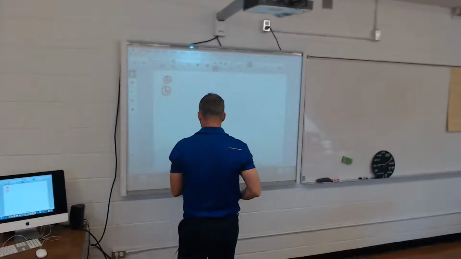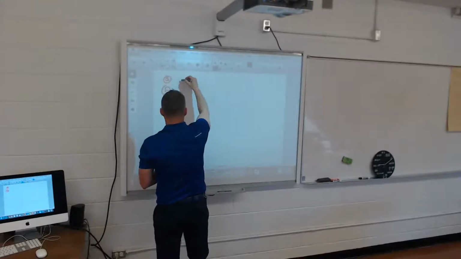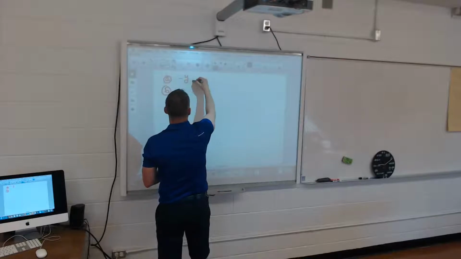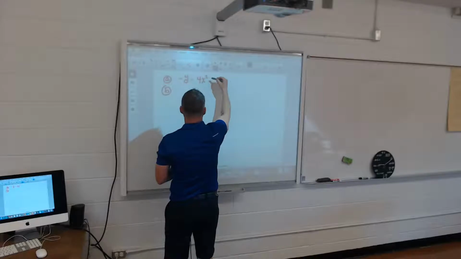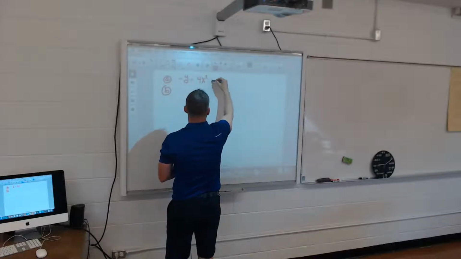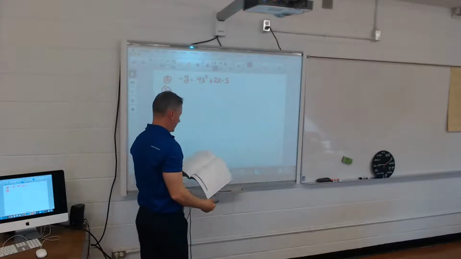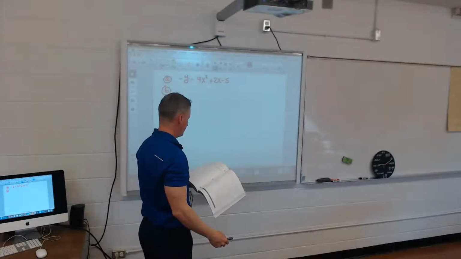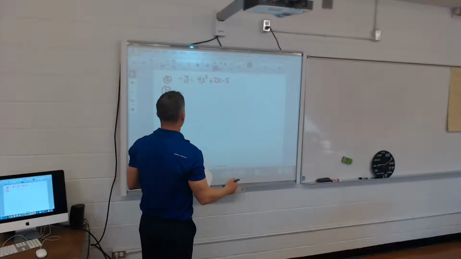So if I'm using elimination, okay, so this one's going to get a little bit different. All right, so minus y equals 4x squared plus 2x minus 5. So I moved everything right. Agreed? Yep. Okay, so now here's the catch that's going to happen.